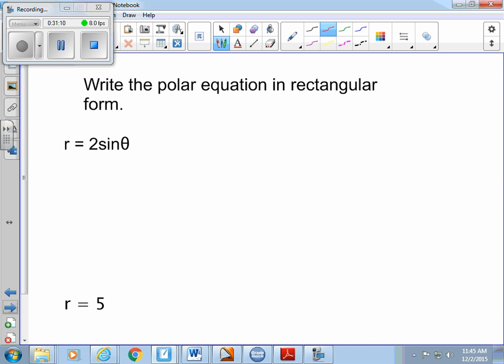What can I do to equations? I can multiply, as long as I do it to both sides. So r squared equals 2r sine theta. I think that helped me all the way around. Would you agree? Because on the left, what's r squared? That's easy, right? And on the right, almost 2y.